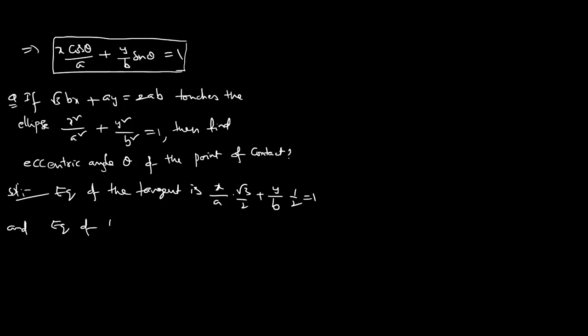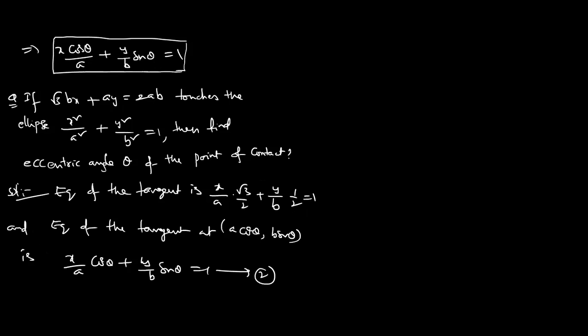So equation of the tangent at a cos theta comma b sin theta, dear students, here theta is eccentric angle. So x by a cos theta plus y by b sin theta is equal to 1. This is 2. This is 1. Fine. Correct.